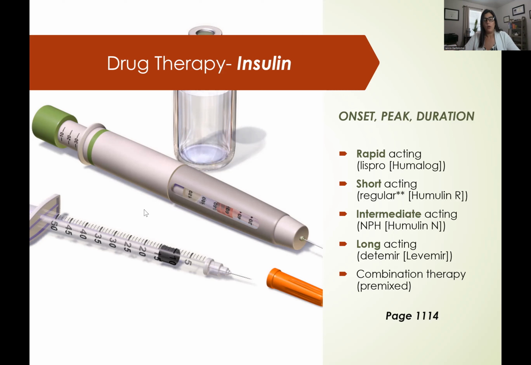So you need to know, for each type of insulin, their onset, peak, and duration. In your book, on page 1114, there is a chart that goes over all of this, but I'm going to break it down a little for you.